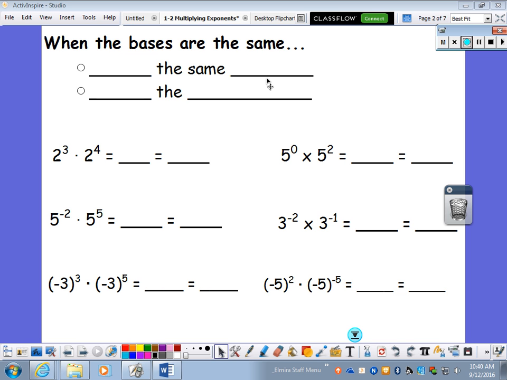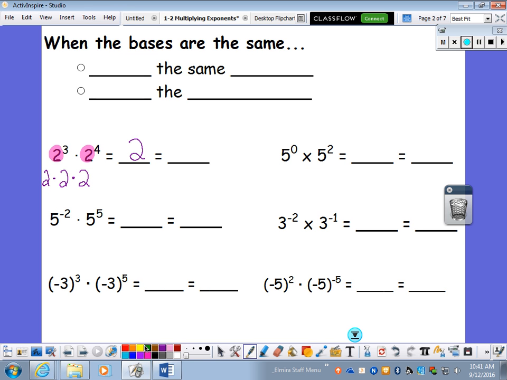Okay, so when the bases are the same, what that means is I have a 2 here and a 2 here. That means that I'm going to keep the 2, but what kind of exponent am I going to have? Well, 2 to the third power means 2 times 2 times 2.